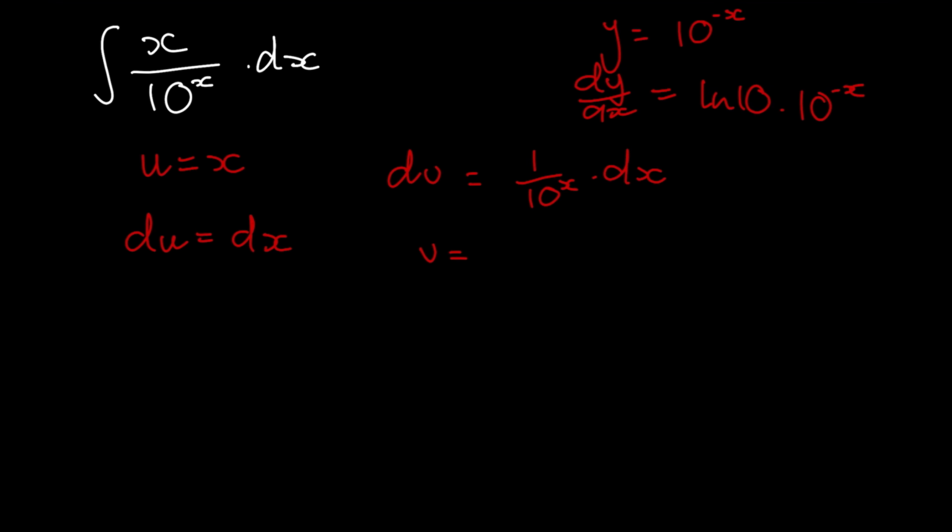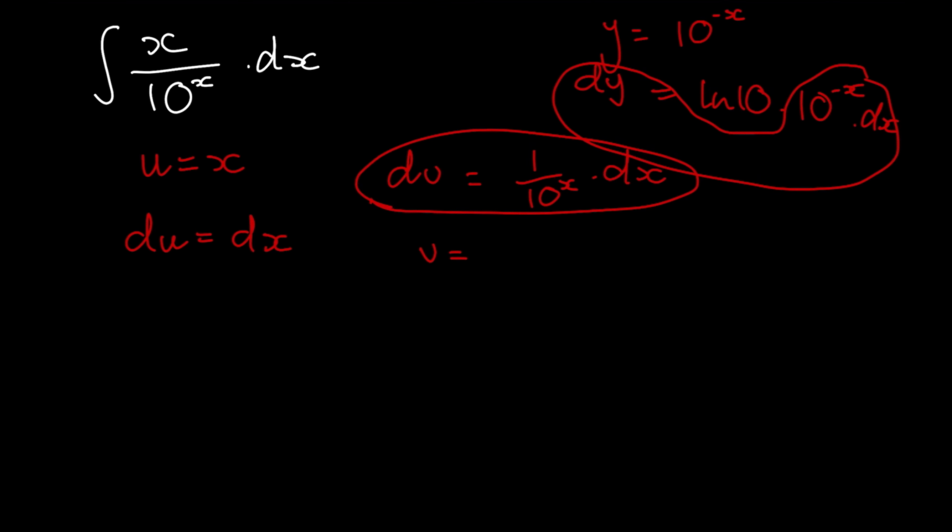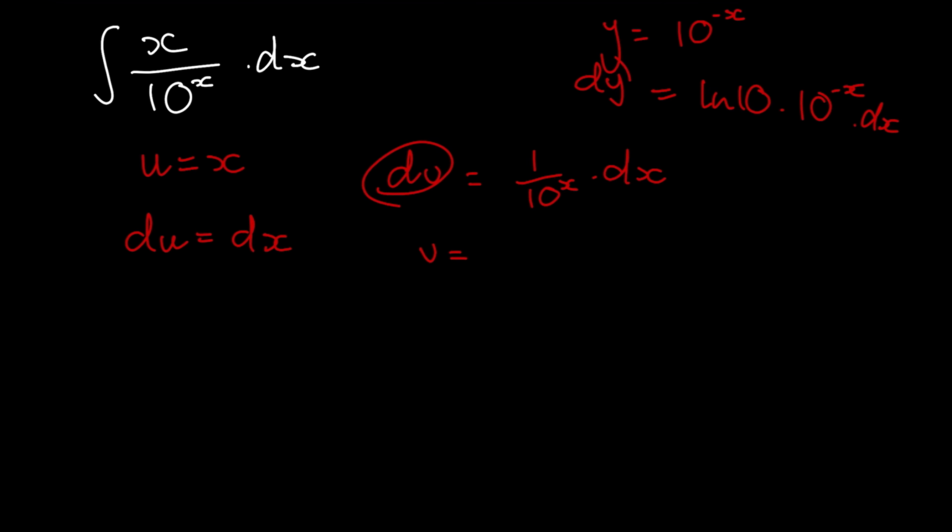Okay, now if we want our final answer to only be this, if we're going to integrate going backwards, we take this dx across, we only want this. You can see that's the same as this. dy is the same as dv. 10 to the negative x is the same as 1 over 10 to the x, and dx obviously the same as dx.